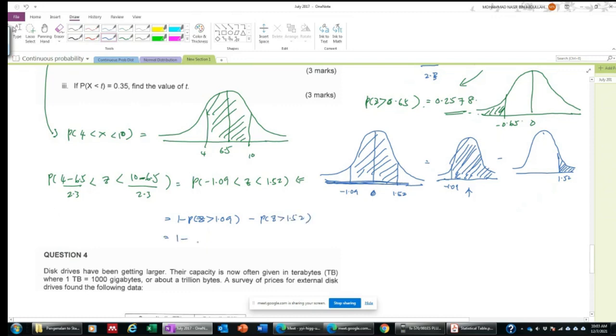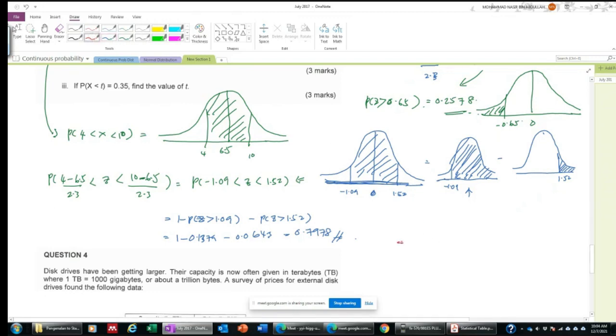So 1 minus probability of Z more than 1.09 is 0.1379, minus 0.0643. So this one should be equal to 0.7978.